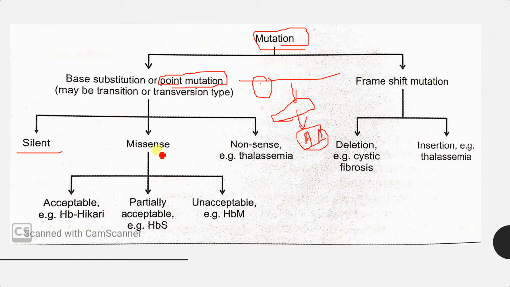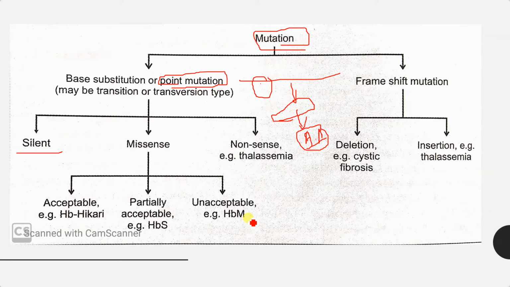Next is missense, where it will result in an unwanted or abnormal amino acid. Here a different amino acid will be synthesized, and that falls into three different categories: acceptable, partially acceptable, and unacceptable.